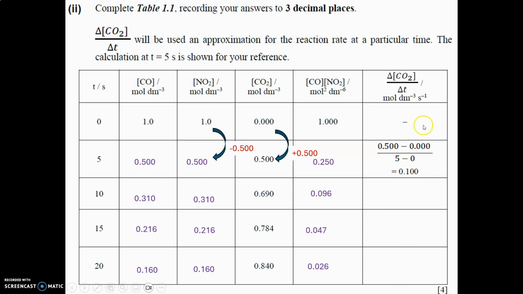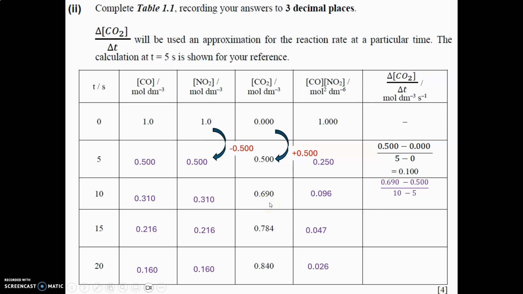Then we move on to this column. The sample calculation is given to you, where it is the change of concentration of carbon dioxide compared with the change in time. So for example, over here, at time equals 10 seconds, my concentration of carbon dioxide is 0.690 mole per dm cube.